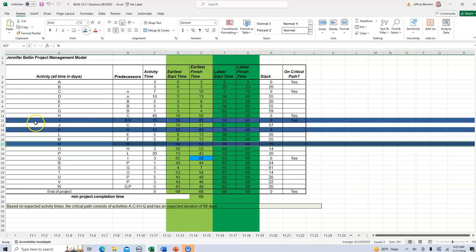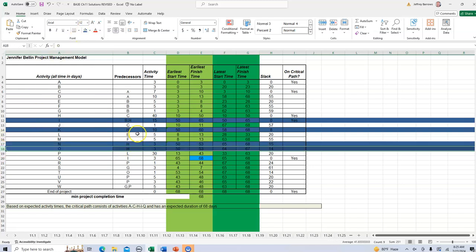One more time here. Okay, so activity H is a predecessor for activity I, activity K, activity N, and activity O. So what I'm looking to find is the earliest late start time among these activities, and that's going to become the late finish time for activity H. So I look at activity I, which must start on day 50, K must start on 58, N must start on 65, and O must start on 64.